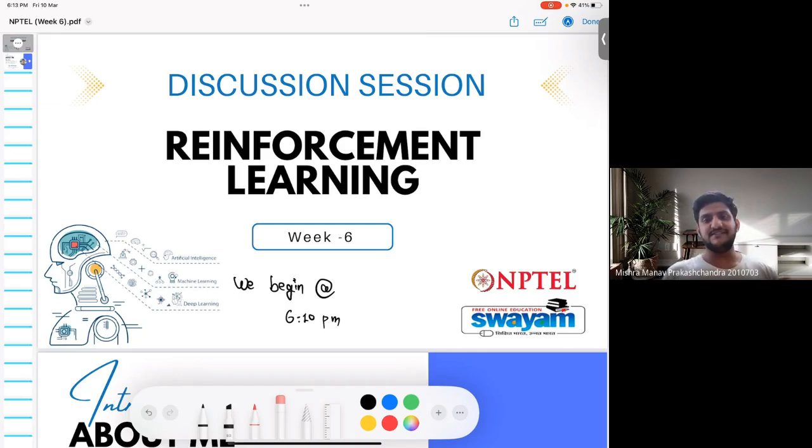In the previous weeks, we looked at the different methods in which we can evaluate a particular policy. We looked specifically at the value iteration method and the policy iteration method.